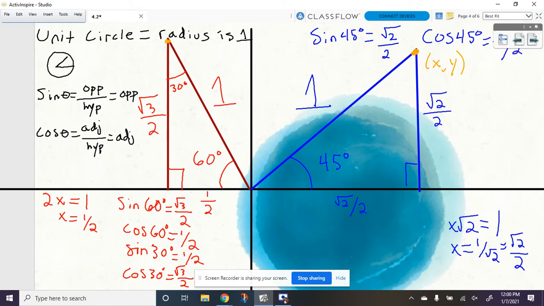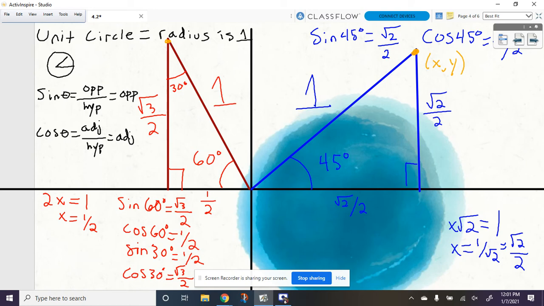However, if this is my point, the base of my triangle, which is going across, would be which distance for that point? Your X value, okay? And if this is my base, what side is that also, for my angle that's inside?